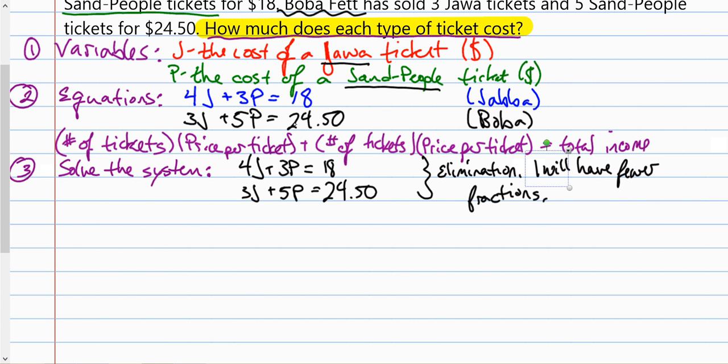So I need to multiply both of my equations. First, we need to choose which variable to eliminate. And you should know by now it doesn't matter. So let's eliminate the Jawa tickets. Sure, why not? So I need to multiply this top equation by a -3, and this bottom equation by a 4.